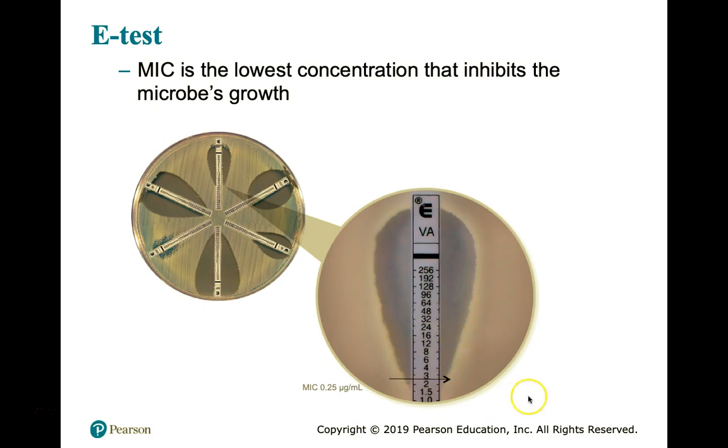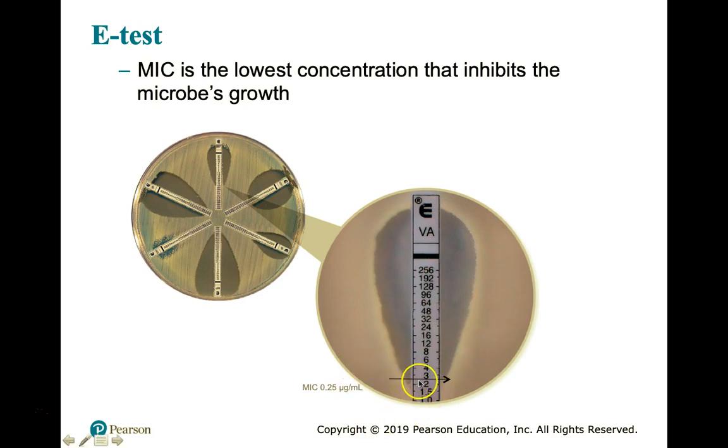If growth continued, and let's say it was attached, there was all growth in here and here up to about here, right? We would say wherever the separation is, the MIC is that concentration in micrograms per milliliter. So similar concept to disk diffusion, just a little bit different in how it actually functions.